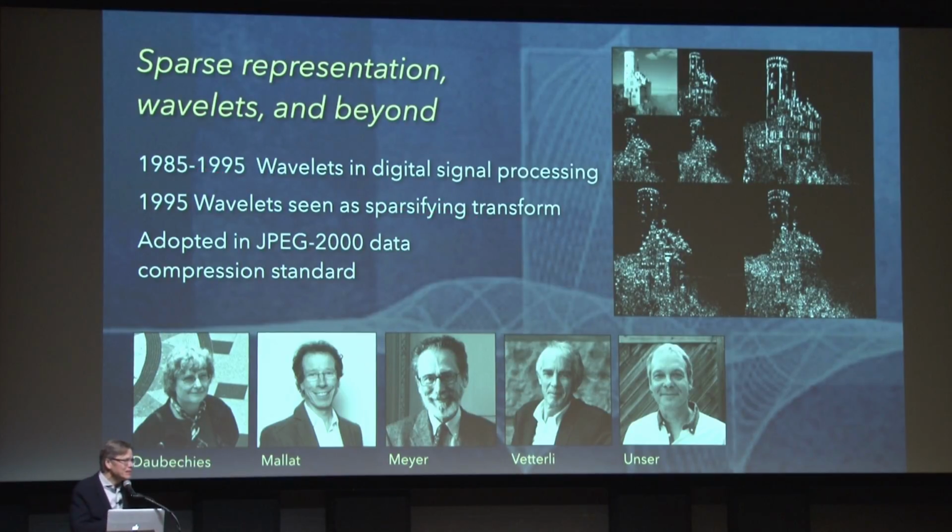In the 1980s, some applied mathematicians developed tools called wavelets, which could be used, for example, for transforming one data set into another form that was maybe more convenient. The wavelets have a multi-scale nature, and they turned out to be useful for compression.